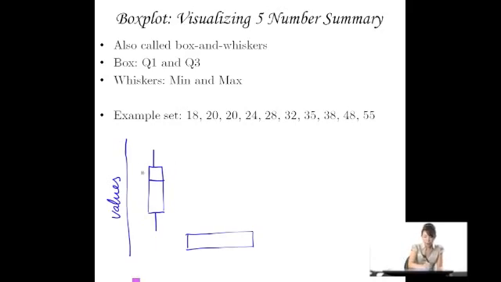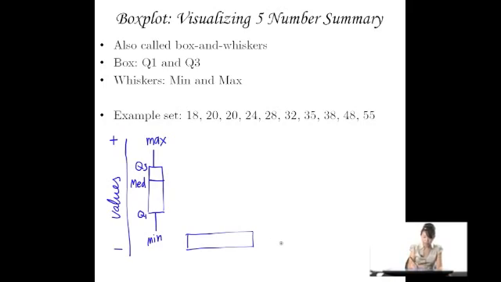And then Q1 is on the low end. Q3 is on the high end. Those are the boundaries of that box. The line in the middle is the median. And the whiskers end at the minimum value and the maximum value. Okay? So that's how you decipher a box plot.